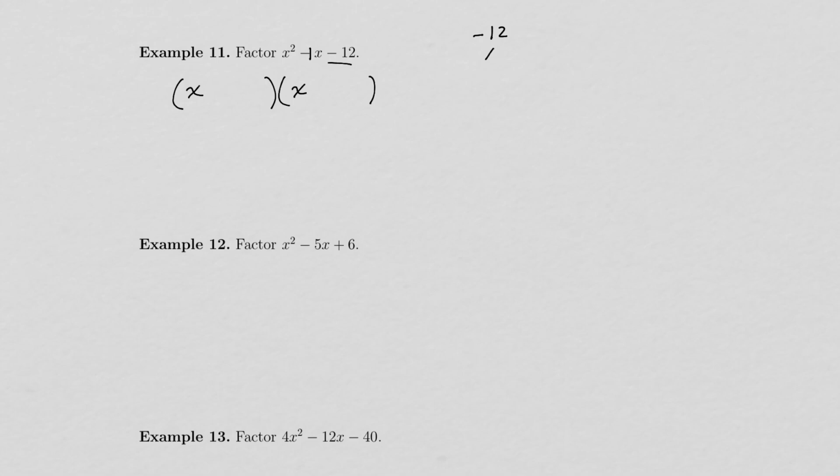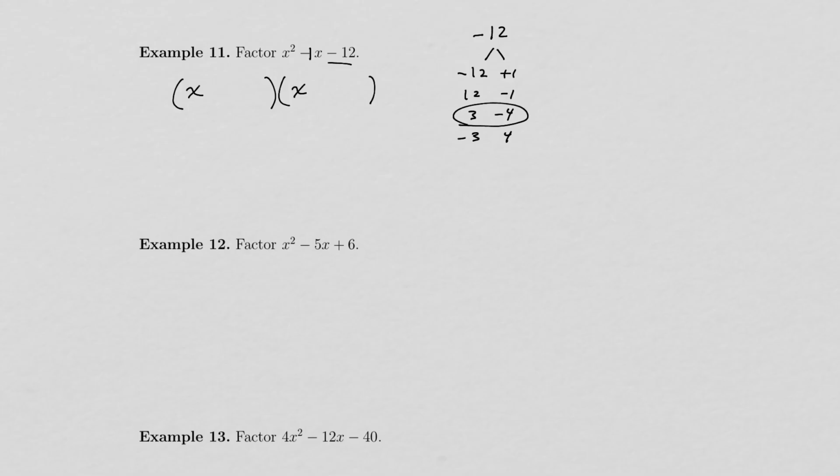So if you think of all the things that give you negative 12, right? You could have negative 12 times positive 1. You could have positive 12 times negative 1. If you multiply those, you get negative 12, but if you add them, you definitely don't get negative 1. But if you keep going here, let's see, 3 times negative 4. I could have negative 3 times positive 4. I guess this one works, right?